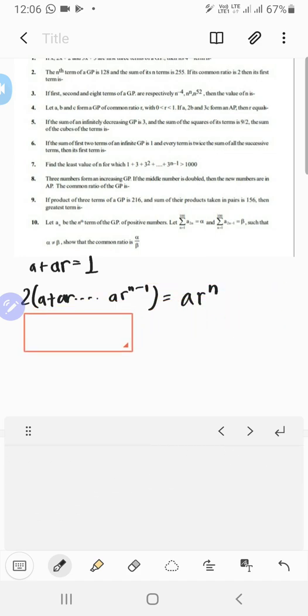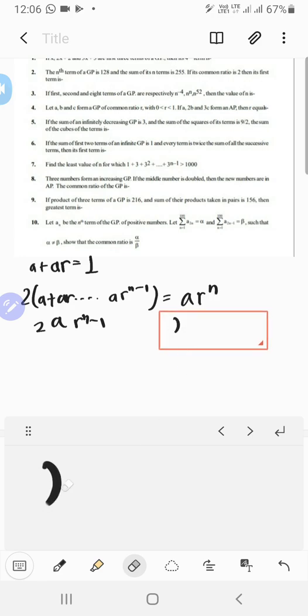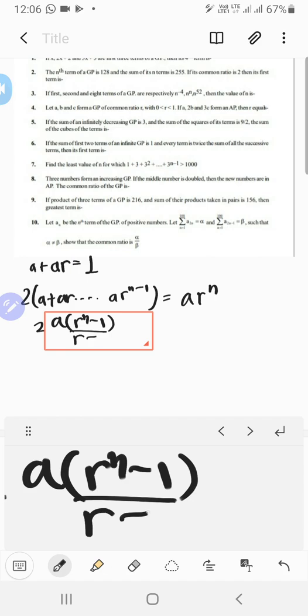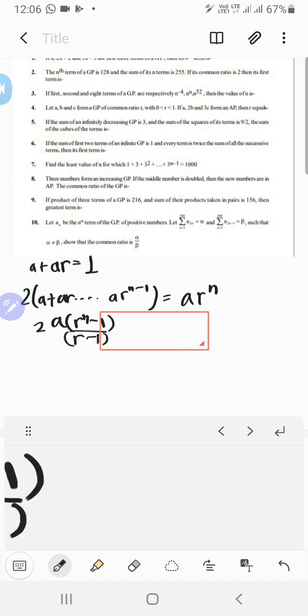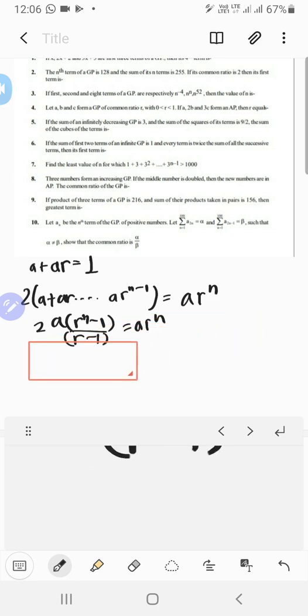Okay, so what can we say from this? We can say that 2 into a into r to the n minus 1 upon r minus 1 is going to be a times r to the n. Let's just simplify this now.